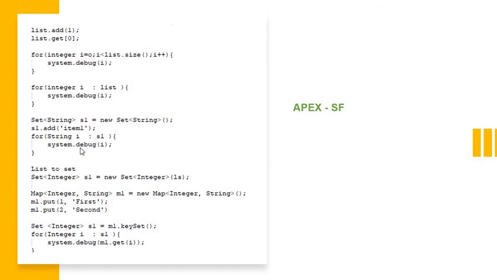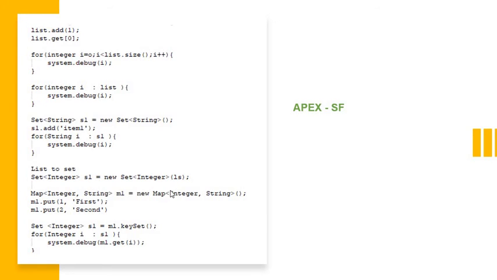To get an item, you need to iterate. You cannot get based upon the index, because in a set the order is not confirmed. In a list the order is confirmed. In a set it is unordered, stored in random locations, so you need to iterate to get the data. There is also a way to convert a list to a set: just pass the list to a set constructor.